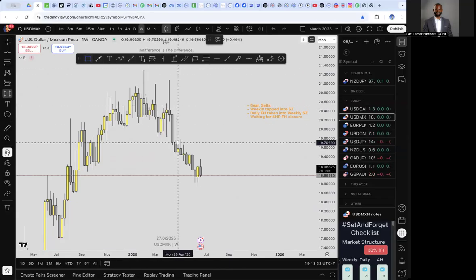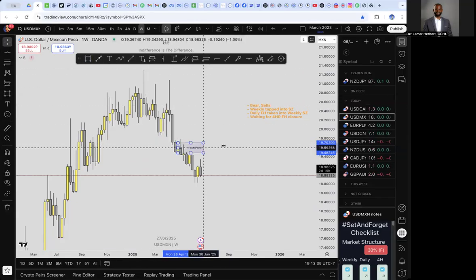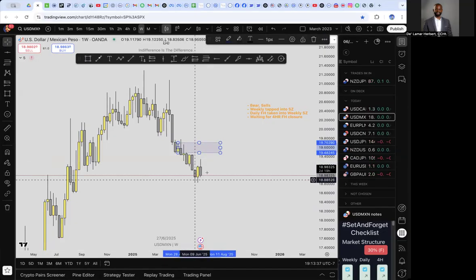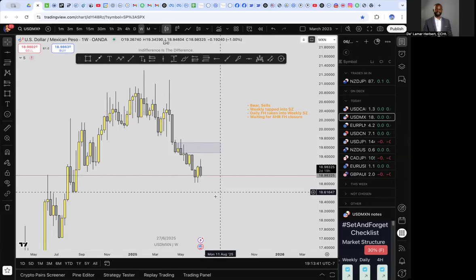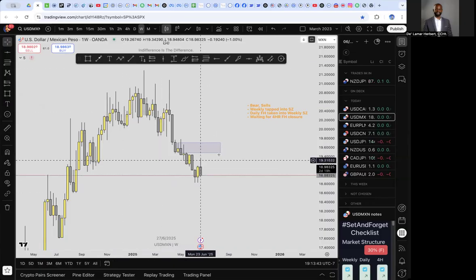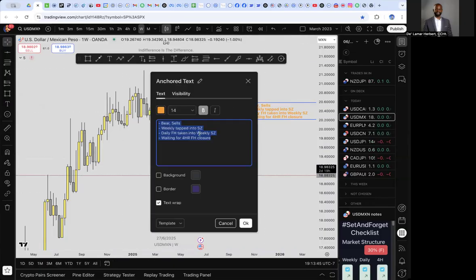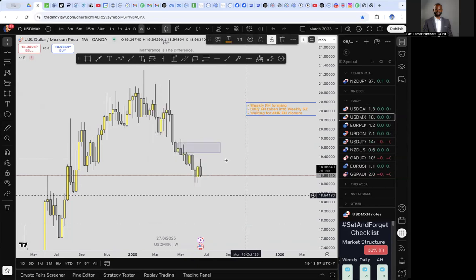I'm going to count this one as a supply zone, but I count this as just structure going down. This is my first high right here, depending on if this closes down here, but we'll just put the weekly first high forming.